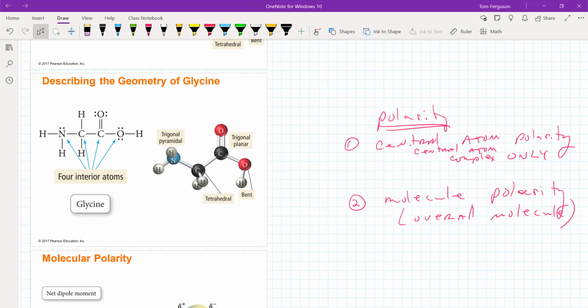What about this here in the middle? Would that be polar? If we did the delta EN, no, because the delta EN for CH is 0.4 and the delta EN for CC is 0. So the only polarity in this central atom would be here.